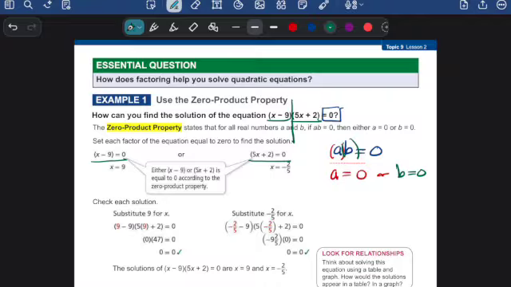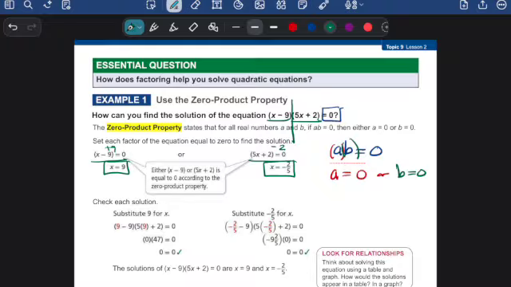We just do the opposite operation. So add 9 to both sides, and x can equal 9. Or we would subtract 2 and then divide by 5, and x could equal negative 2/5. So the zero product property is very useful if we have factored form. If we have already broken up into our two binomials and it's equal to 0, then set each binomial equal to 0 and then solve for x.